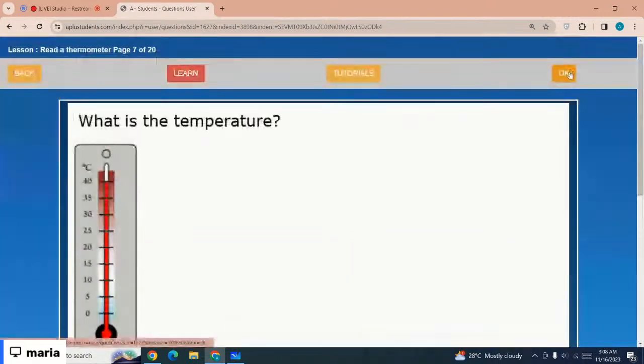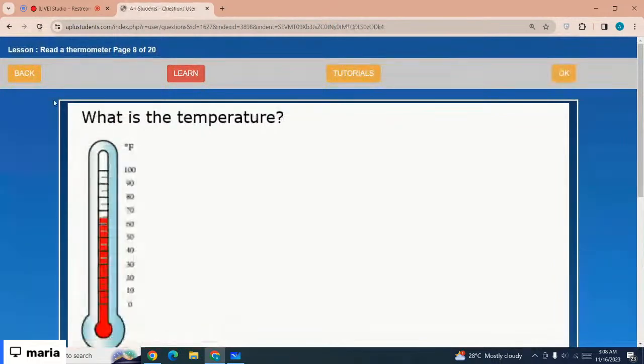You can complete the lesson by yourself. Reading temperature is very easy today. I think no one has a problem reading the temperature. You can match the line to the temperature very easily, isn't it? If anyone has a problem reading temperature, you can ask the question in the chat box. Otherwise, I'm going to wait for a while. If someone needs to ask a question, please ask. Otherwise, I'm going to move to the new lesson.